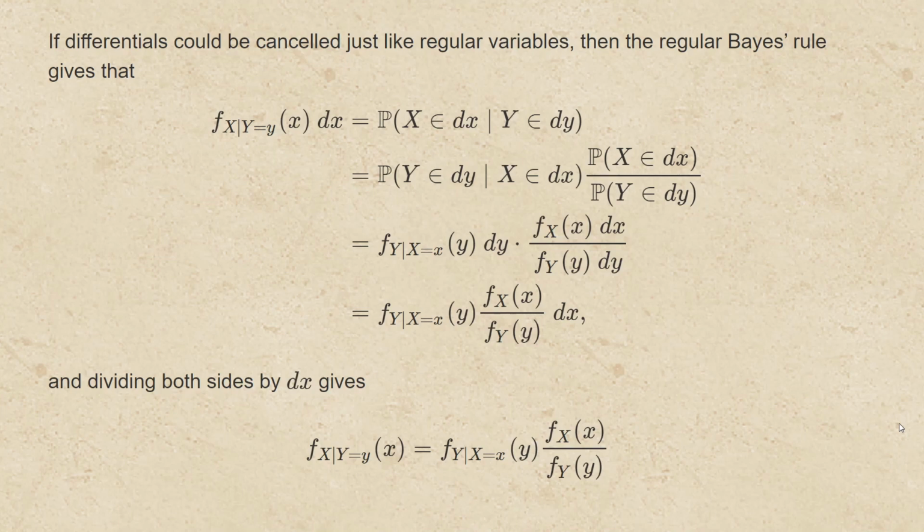Now the dy's cancel out, and dividing both sides by dx tells us that the density of X conditioned on Y equaling little y at x is the density of Y conditioned on big X equaling little x at y, times the density of big X at little x, divided by the density of big Y at little y.